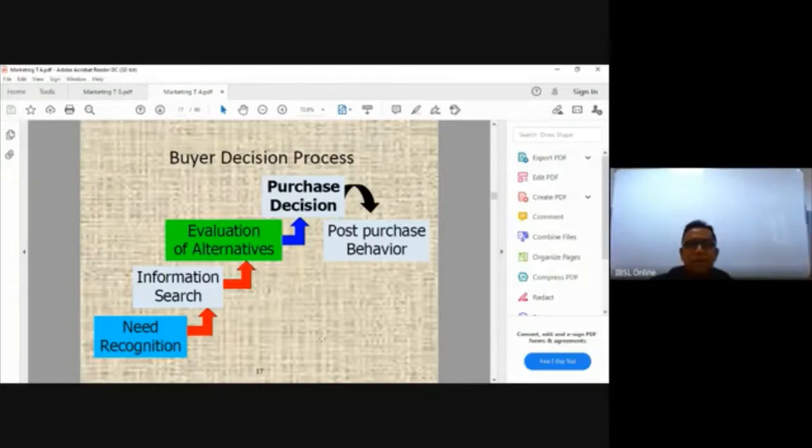Okay, so according to Kotler, this is the buying decision process. There are 5 stages in this decision process: need recognition, information search, evaluation of alternatives, purchase decision, and post-purchase behavior.